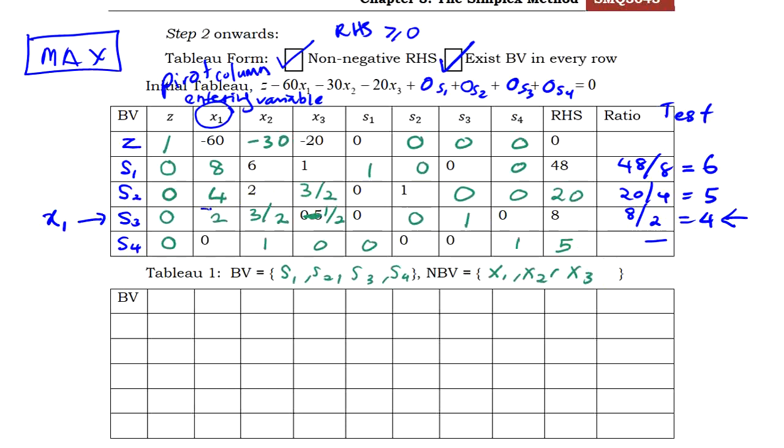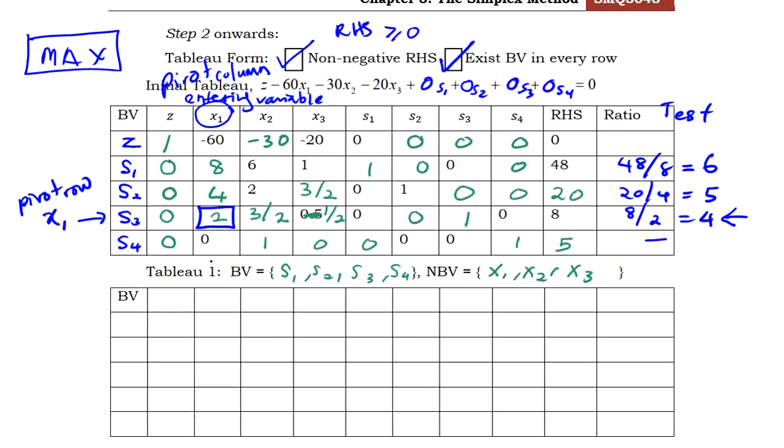Okay, so pivot row. The intersection between the pivot row and pivot column is known as the pivot value. So for the next tableau 1, we need to change this value to 1.